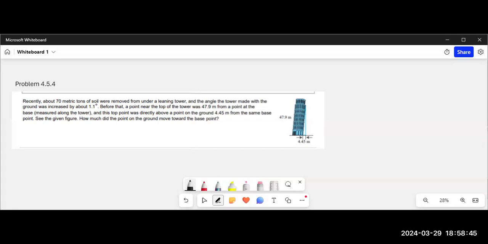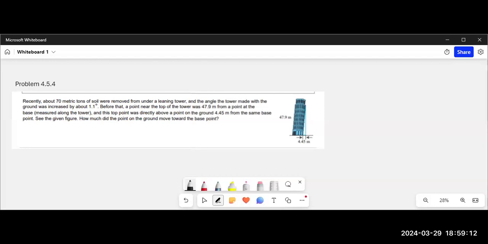So recently, about 70 metric tons of soil were removed from under a leaning tower, pictured here, and the angle the tower made with the ground was increased by about 1.1 degrees. Before that, a point near the top of the tower was 47.9 meters from a point at the base measured along the tower.